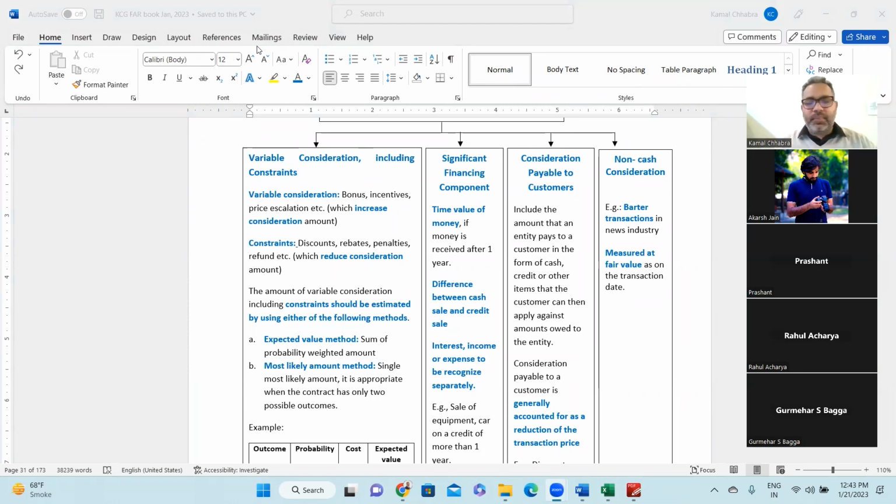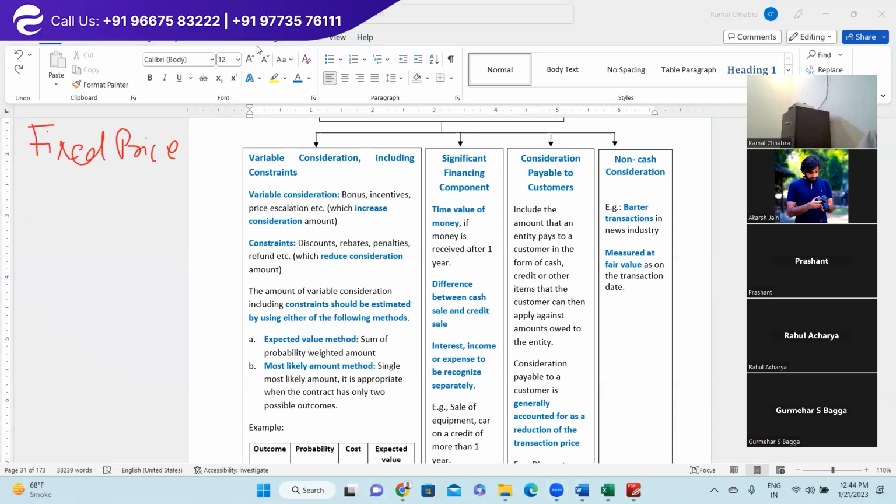If I summarize everything here, your fixed consideration, fixed price, plus and minus variable consideration or constraint to variable consideration, then minus financing component, financing cost, or sorry, financing income, right?